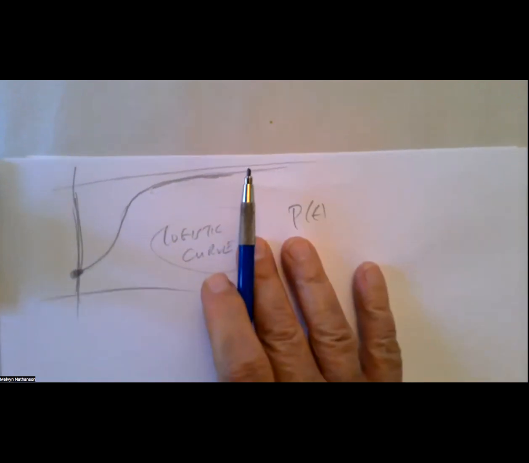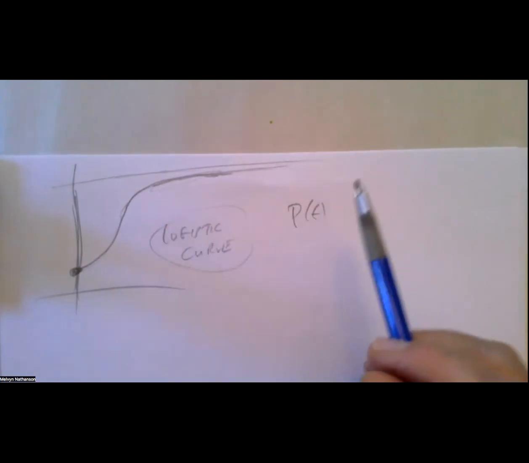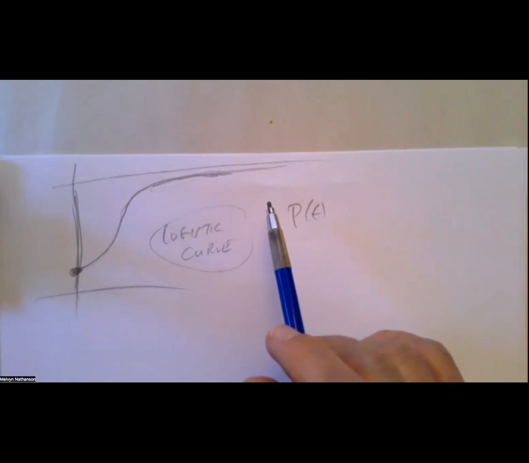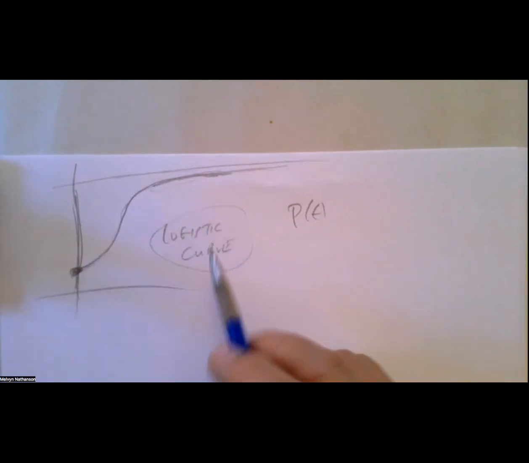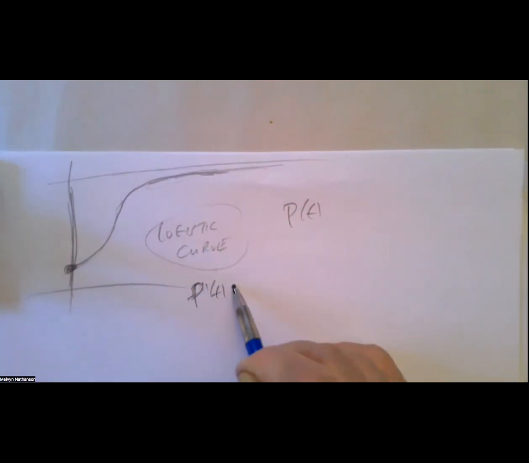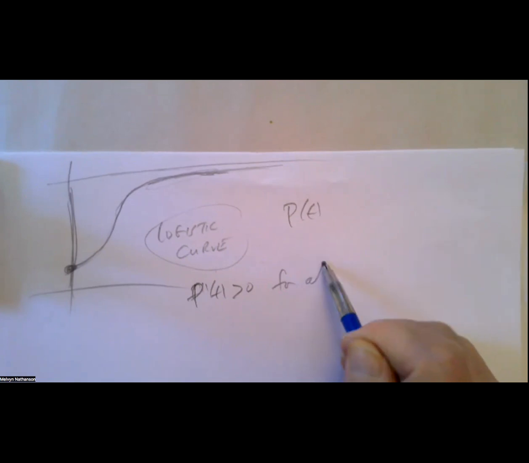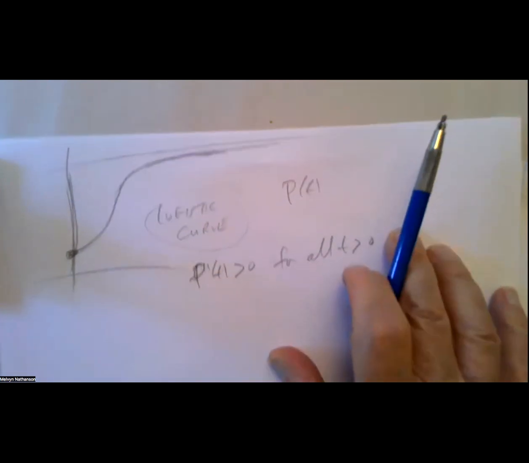And many processes in nature have a mathematical model that looks like this curve. So this is always increasing. The slope is always positive. So for this curve, P prime of t is greater than 0 for all t. I'm only looking at positive time.